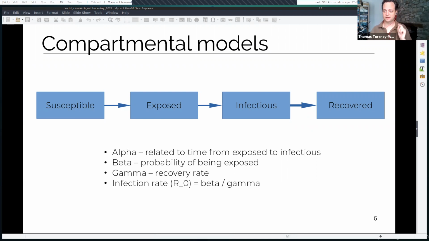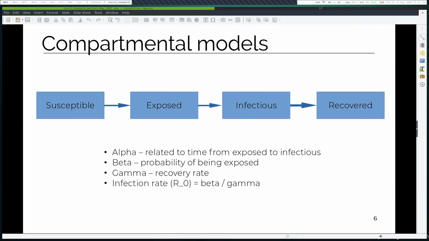So this is the model we had, and the fitting process is trying to figure out, with some initial parameters based on the Welsh population, what the current sizes are of susceptible, exposed, infectious, and recovered, and what is a good value for the probability of being exposed.